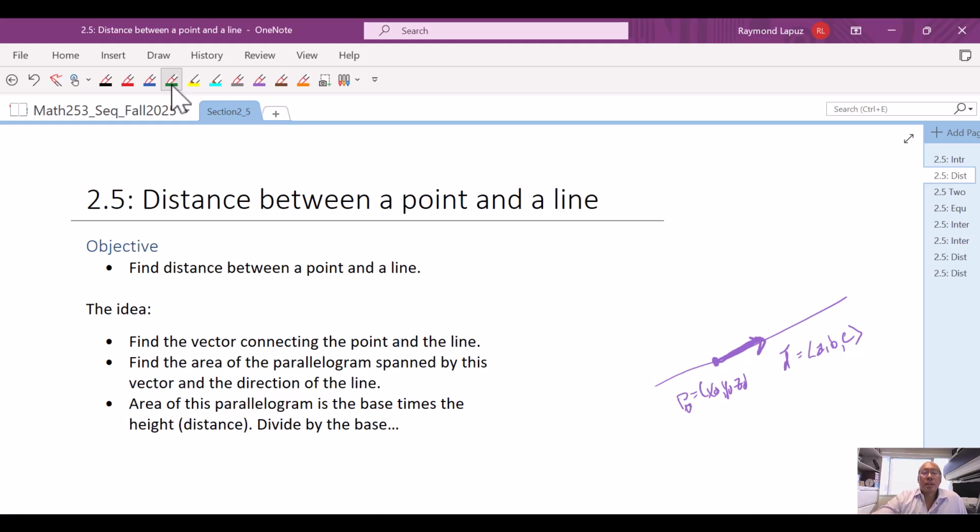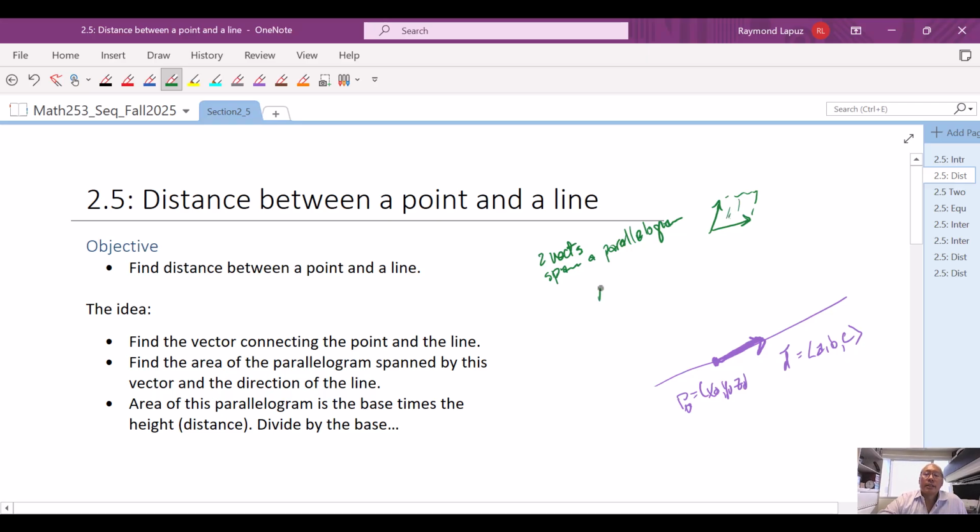Another piece of information that you should know is that if you have two vectors, they span a parallelogram. And that parallelogram has an area.